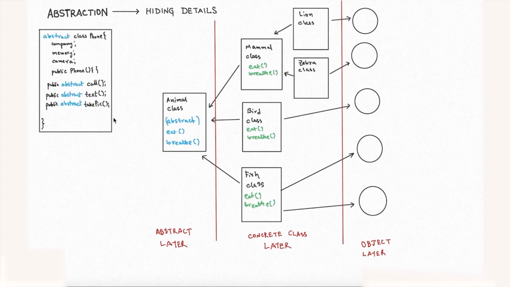To make things a bit clearer, think of a phone class. Let's say you are designing what a phone should be able to do. And so you design an abstract class. You say that whatever phone you want to create, if you inherit from the phone class, then regardless of what kind of phone you're creating, you must implement a call method, you must implement a text method, you must implement a picture method.